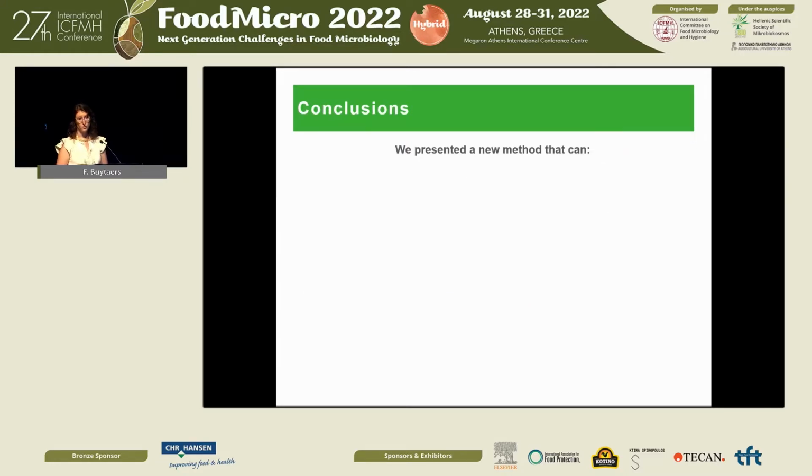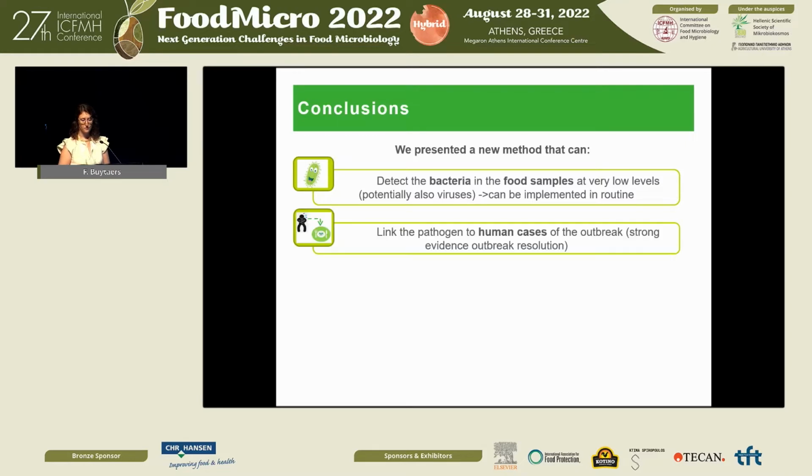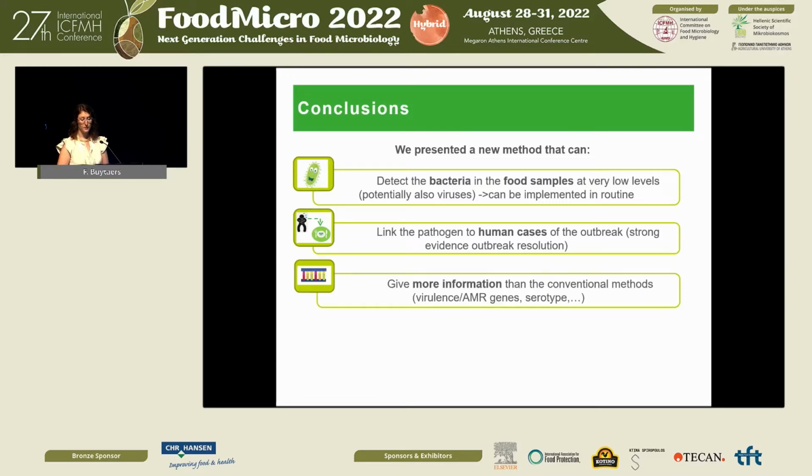We presented a new method that can detect the pathogenic bacteria in the food samples at very low levels, potentially also viruses. So it can be, in the future, implemented in routine. We could link the pathogen from food samples to human cases of the same outbreak, so it's a strong evidence for outbreak resolution.